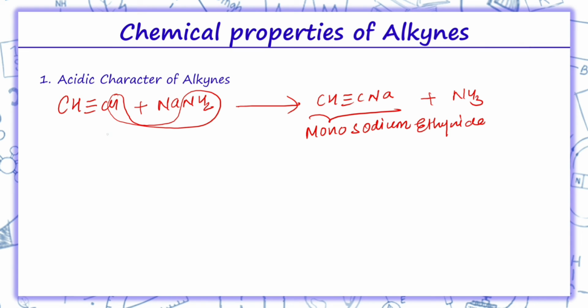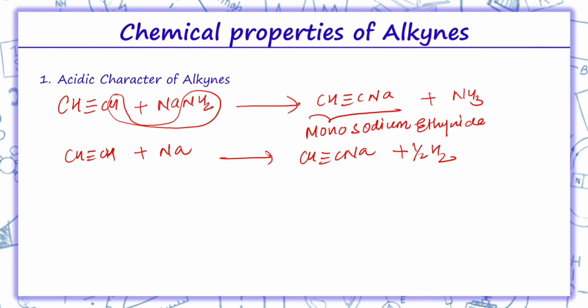Similarly, alkynes also react with sodium, just as we reacted them with NaNH2. The product formed will be the same, CH triple bond CNa only. Here hydrogen will be replaced, and thus we will get half H2.